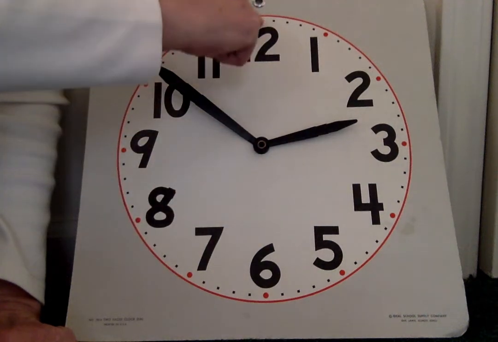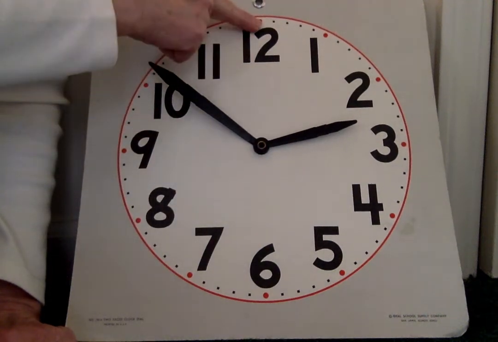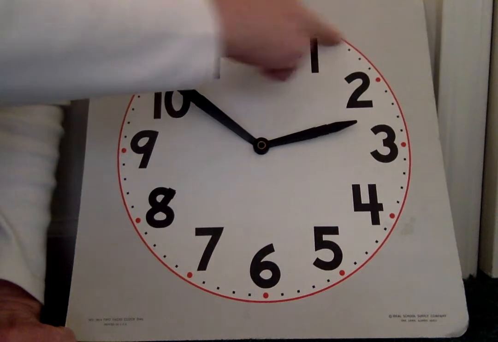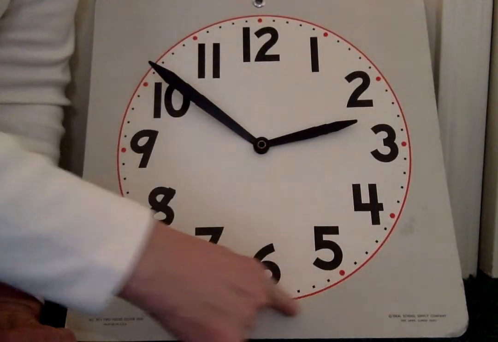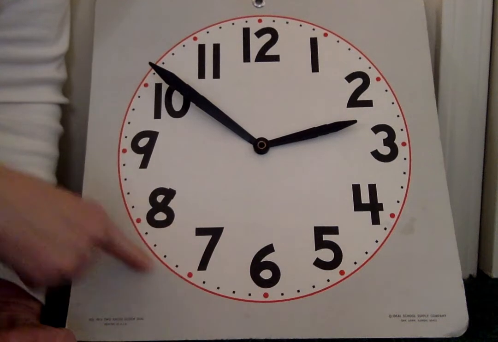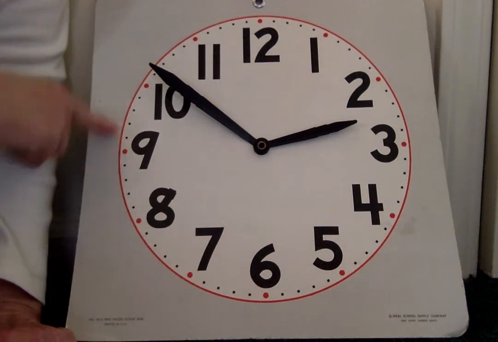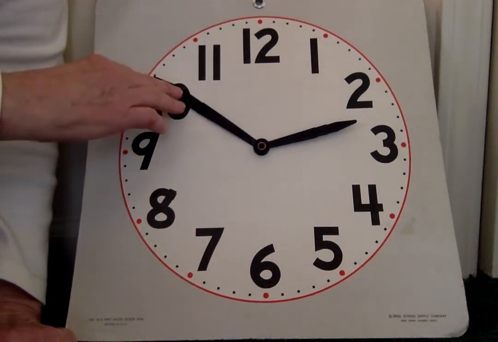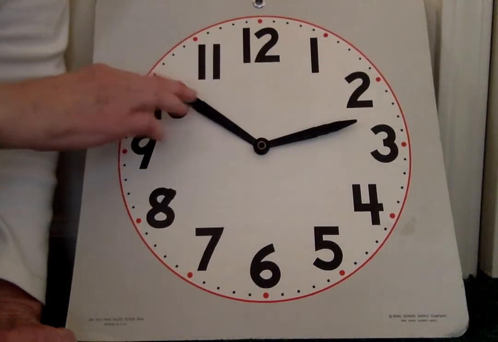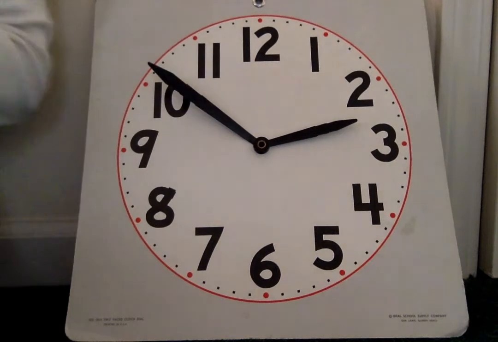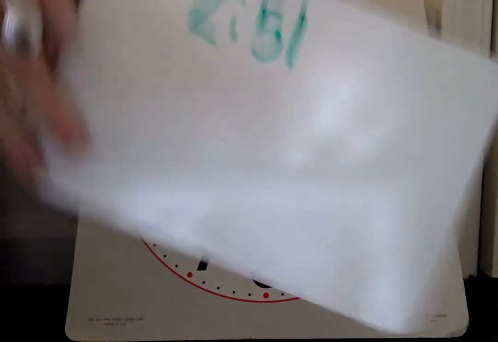So let's count. We start here, and this is 0 to 5, 10, 15, 20, 25, 30, 35, 40, 45, 50, and 1 more minute. So baby says 2, and you say 51. 2:51.